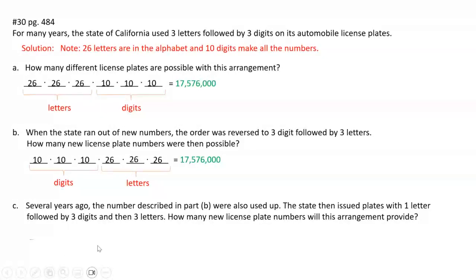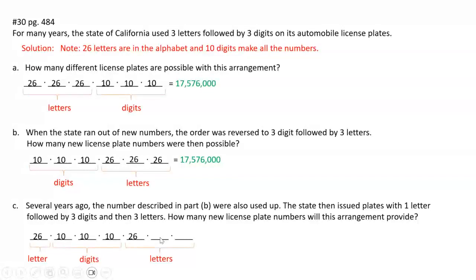So all they did here, guys, was just add a number in front, right? I mean a letter. I'm sorry about that. A letter in front. And then the rest will be 3 digits followed by 3 letters. So there'll be 26 times 10 times 10 times 10 times 26 times 26 times 26, because there's no restriction. All they did was add another letter in the front.